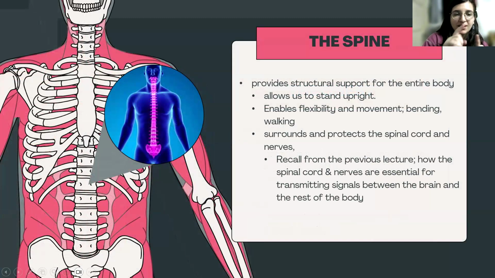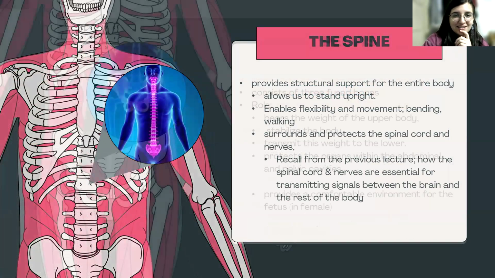The spine is the one that's holding the spinal cord, protecting the spinal cord, and how it allows us certain movements like bending, picking up things. When we drop something, we can bend and pick it up because of the spine. We can walk because of the flexibility of the spine.